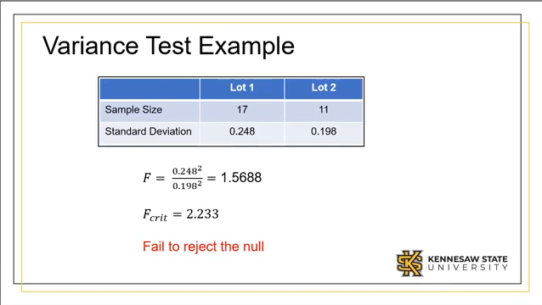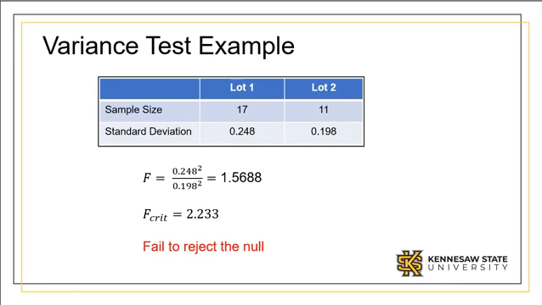Let's consider this example. We have two lots of material. We are seeking to find if the variance of the material thickness is the same. Assume alpha is 0.1. Lot 1 consists of 17 samples with a standard deviation of 0.248. Lot 2 consists of 11 samples with a standard deviation of 0.198.